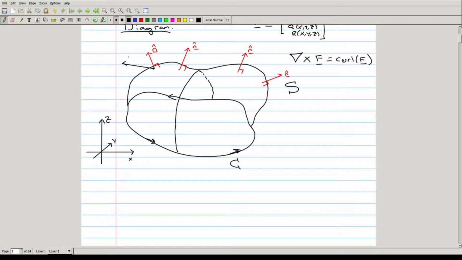And we also have the curl of F. The curl of F, say, maybe here, points in maybe this direction. And here it could point in this direction. And here it could point in this direction, say.